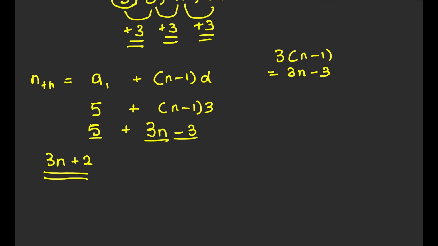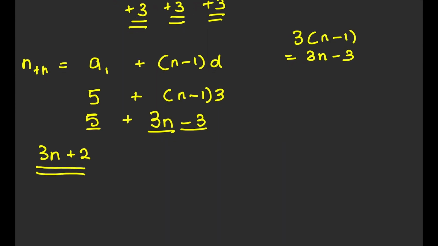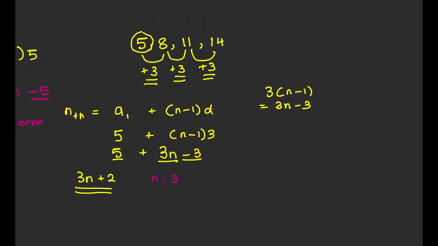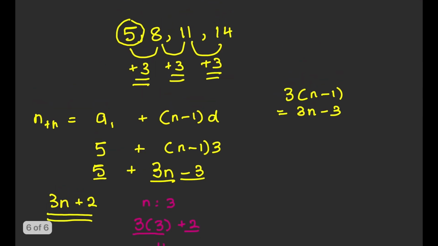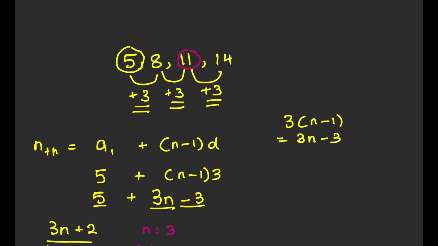Let's see if this nth term is valid. Let's take the third term, and the third term is 11. Let's see what we get. Simply replace n with 3 in this formula. So just 3 multiplied by 3 plus 2. That's 9 plus 2, which is 11. And that is right. That is our third term.